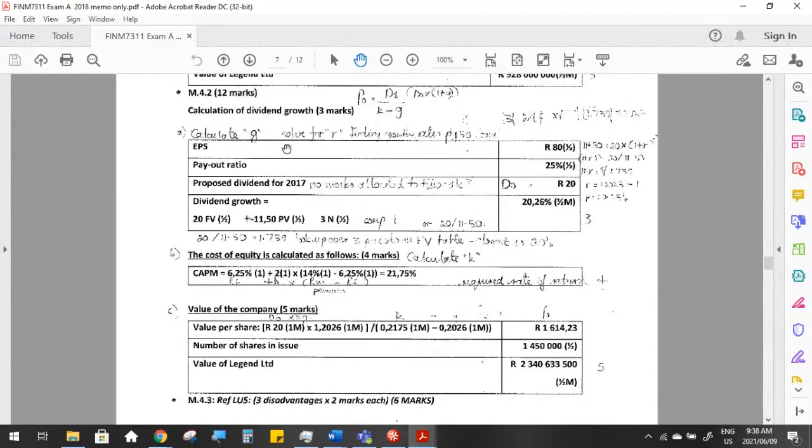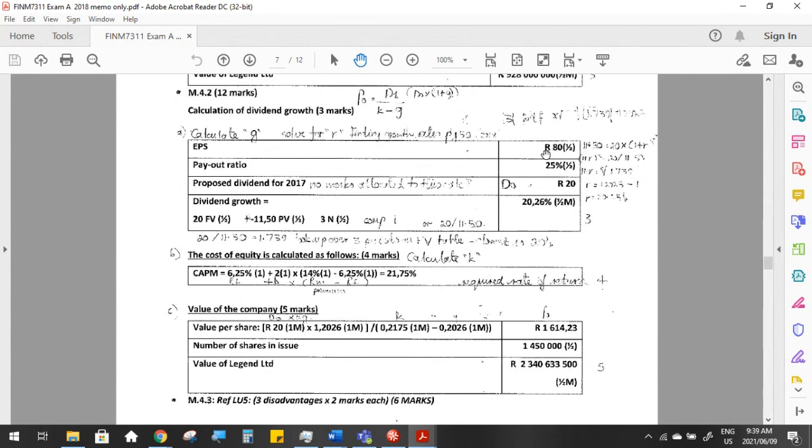We don't know what that G is, but given the information they've given us, we can calculate the value for G. So we basically are solving for R, and this is in your Learning Unit 2, finding growth rates. This formula comes out of Learning Unit 2.